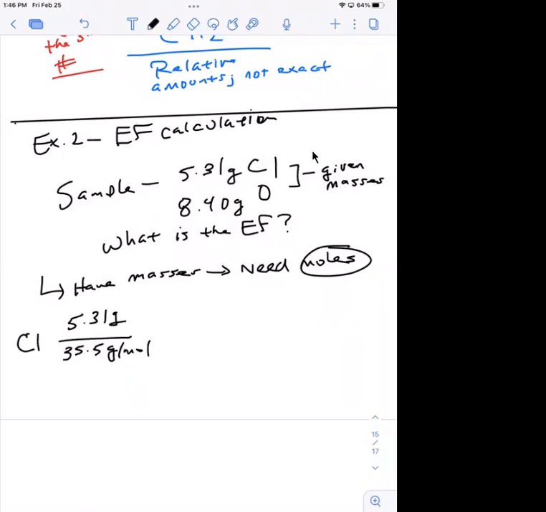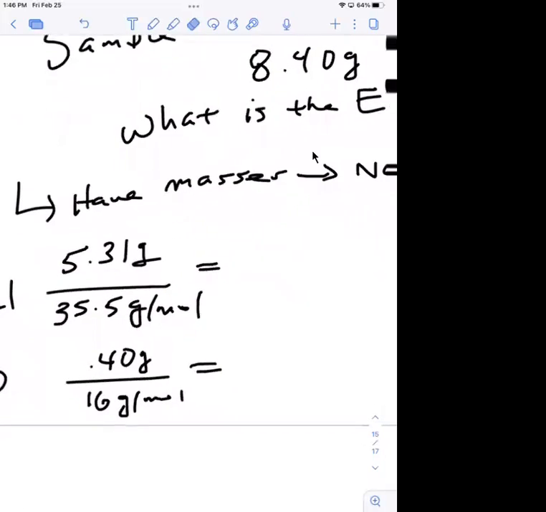And then for oxygen, we're going to take the 8.4 divided by 16 grams per mole. Somebody give me those numbers real quick. So 5.31 divided by 35.45, and then 8.40 divided by 16.